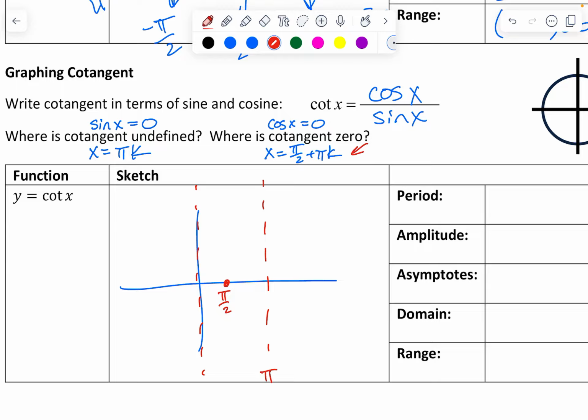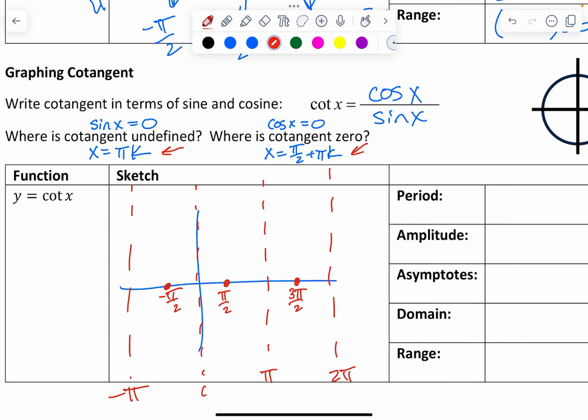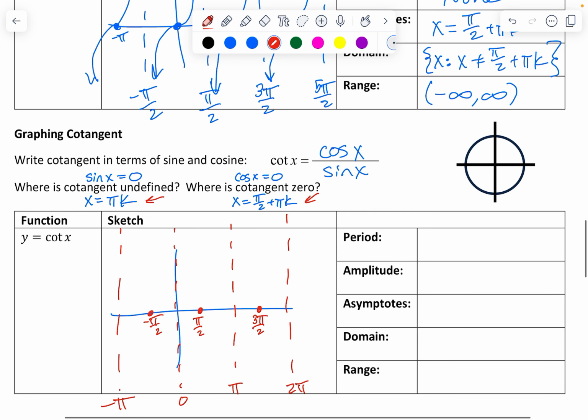Plug in 1 right here, and pi over 2 plus pi is equal to 3 pi over 2. Then I have an asymptote when I plug in 2 right here, at 2 pi. And then I'd have a 0 here at negative pi over 2, an asymptote at negative pi, and this one's 0. You can label 0 or not. It's kind of obvious. And that's the starting bit of cotangent.